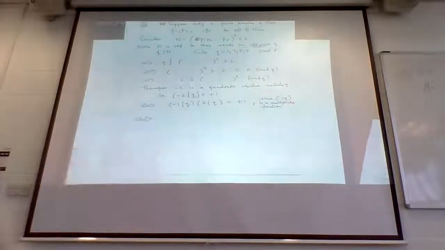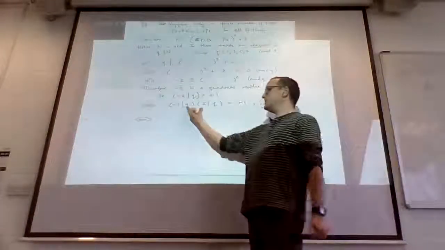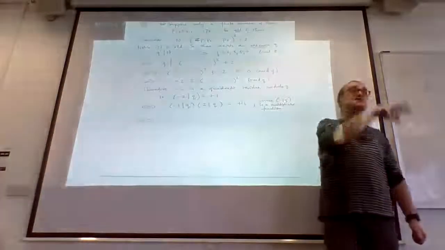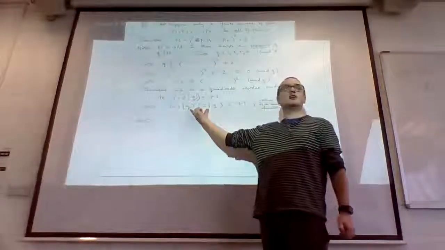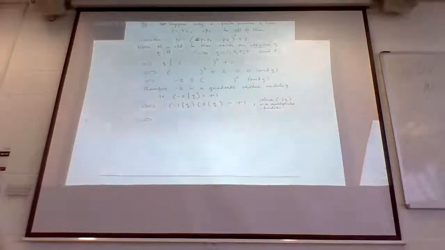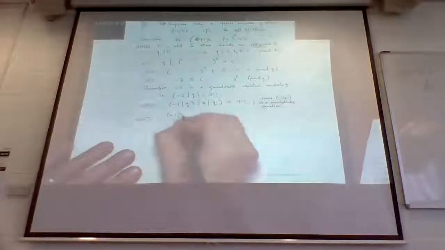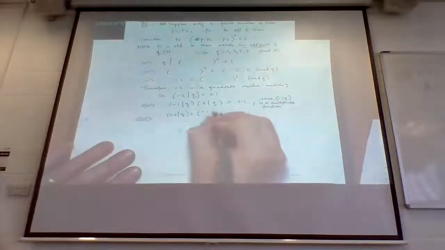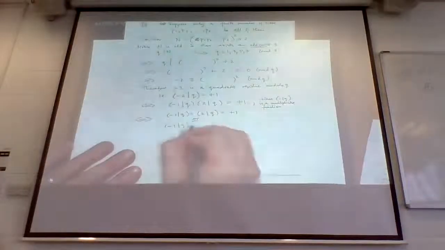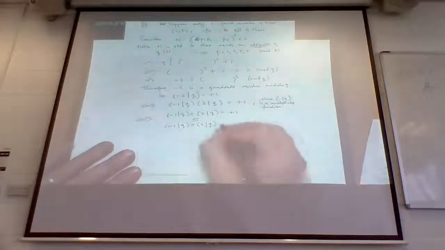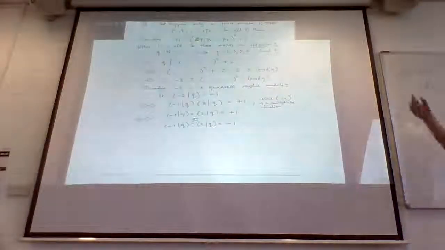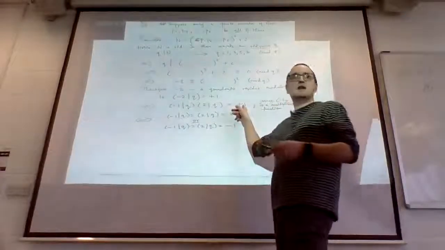But how can it be that when you multiply these two, you get plus 1? Well, that can happen in two ways. Either they're both plus 1 or they're both minus 1. They can't be opposites of each other, because then you'd have minus 1 as the product.